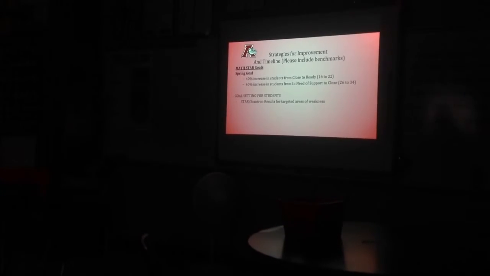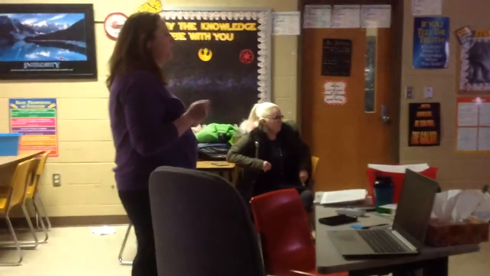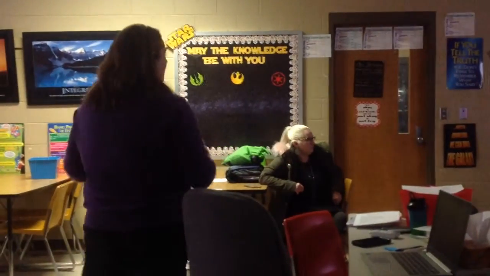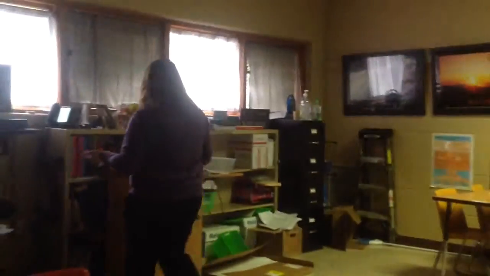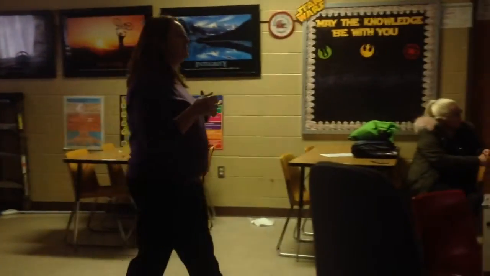And then at the same time, our goal setting for our students, we've been doing that based off of our STAR and Scantron results. So based off of this analysis, we're really learning more about what our kids need versus what they already know. And then breaking it down by tiers, we're looking at males to females and PEY.